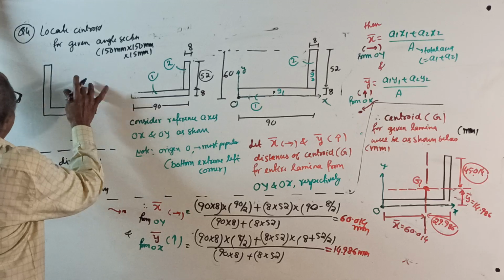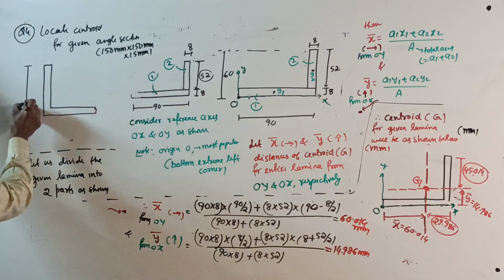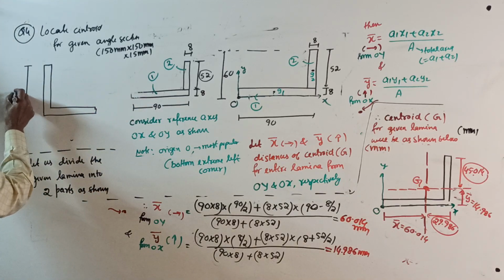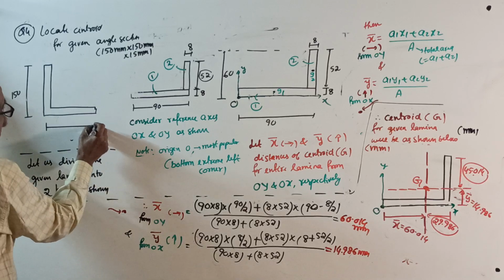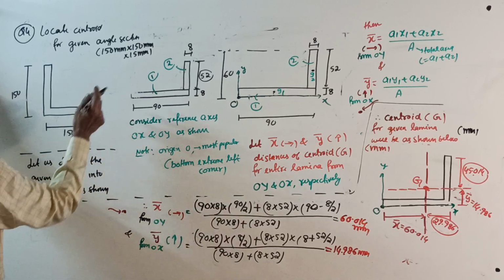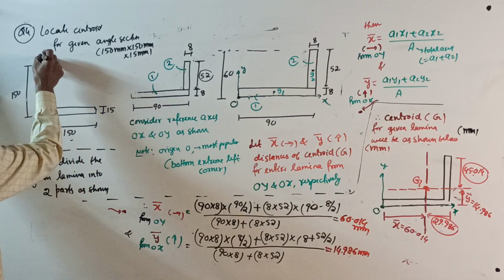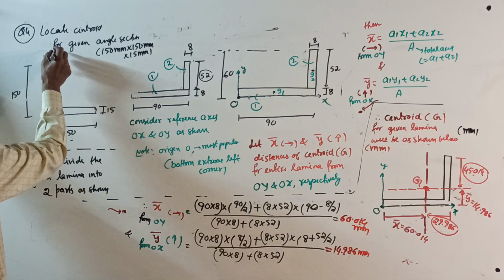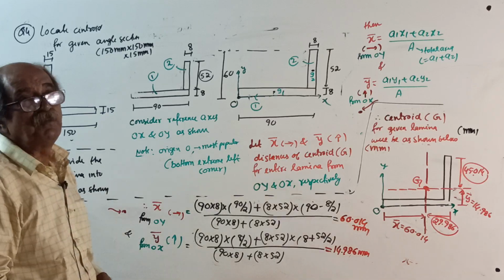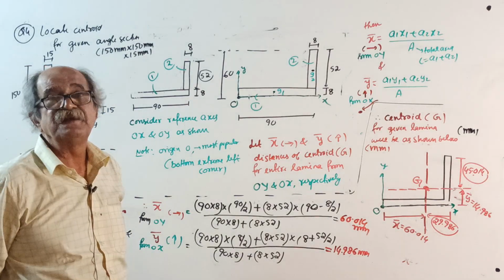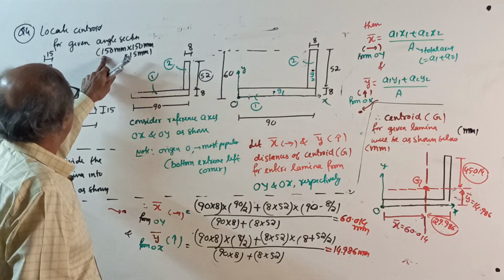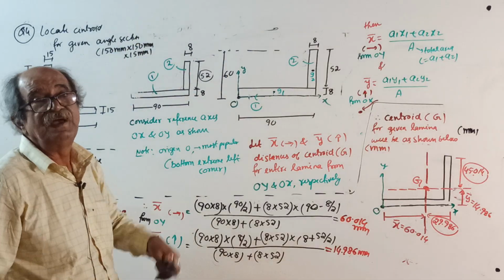You write here, equal angle, this is 150, this also 150, and thickness is 15. It is the usual way in Indian Standard specification of angle, ISA, Indian Standard Angle, they will tell 150 by 150, the two sides, and the thickness.